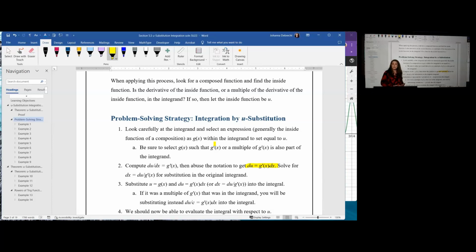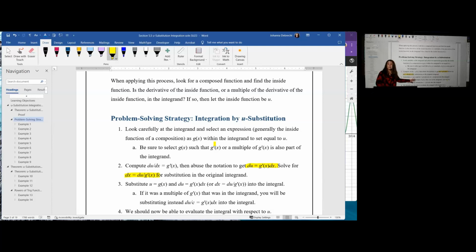Sometimes, for some students, it's simpler if instead of solving for du, they go ahead and after isolating the du, they then solve for just the differential dx. And then they can substitute for dx in the original integral.